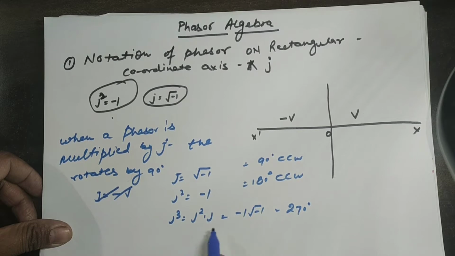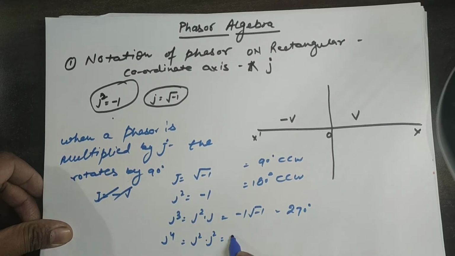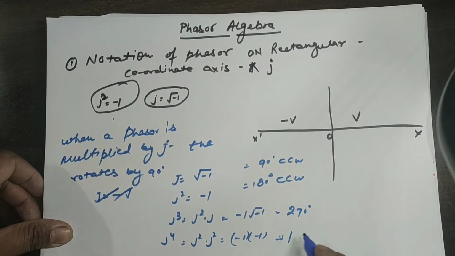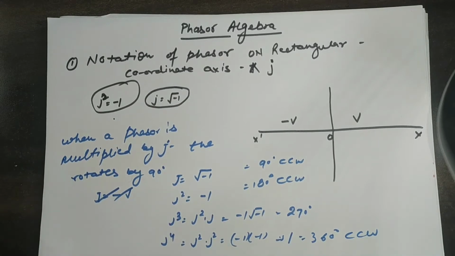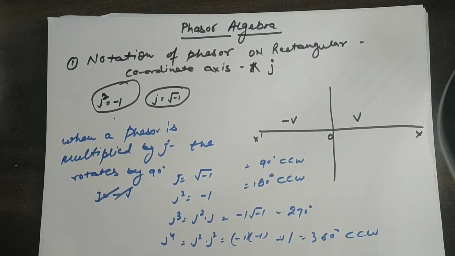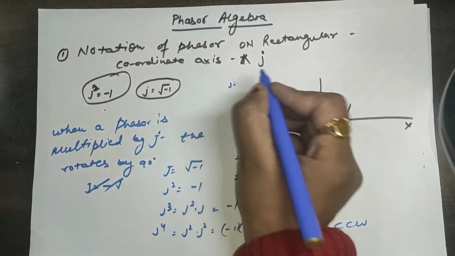Now j to the power 4 is j square into j square, that is minus 1 into minus 1, which is 1. So 360 degrees clockwise. This is the notation of j. Please keep in mind that j is an operator.